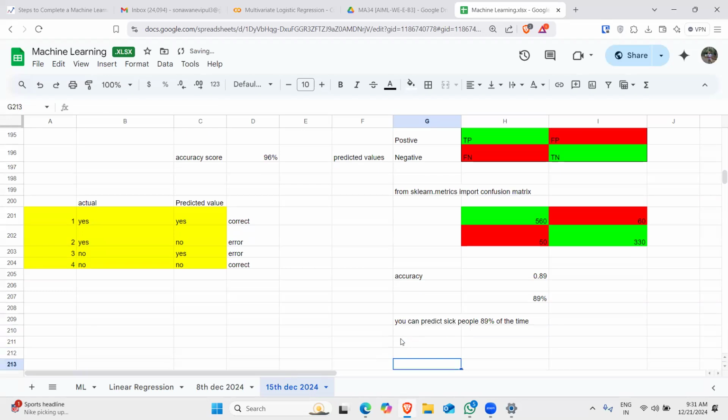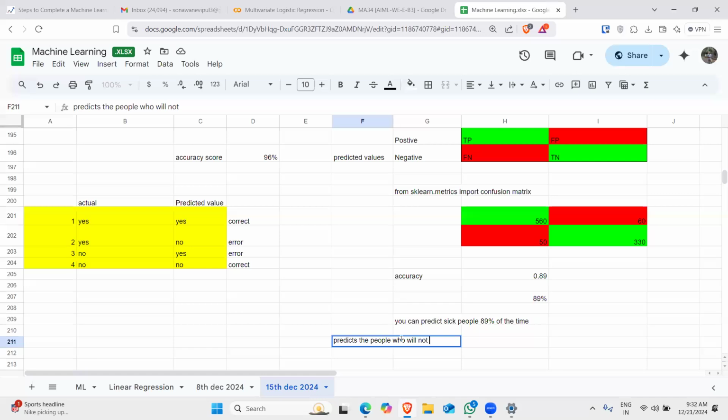However, it is doing the opposite. Accuracy gives an idea about this. It predicts the people who will not get sick with 89% accuracy.